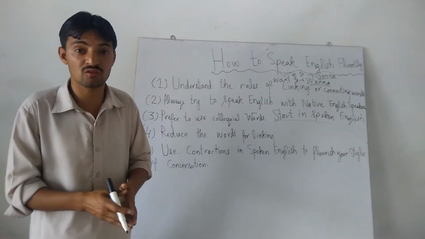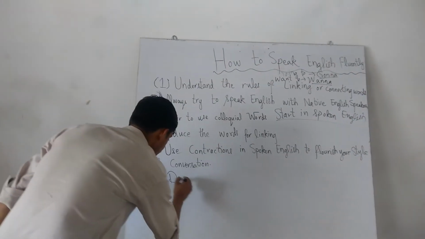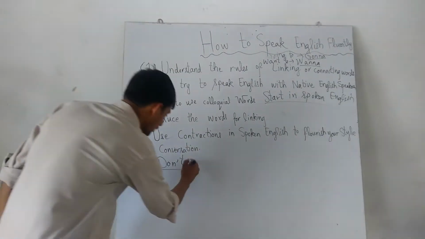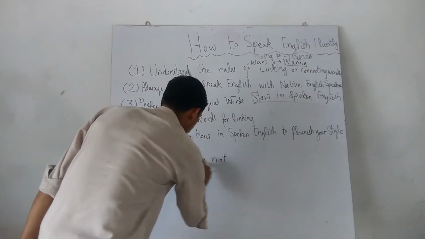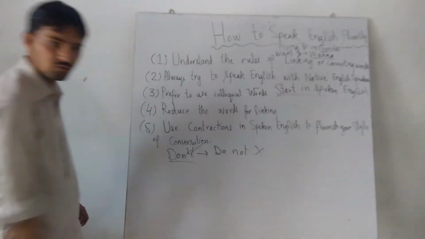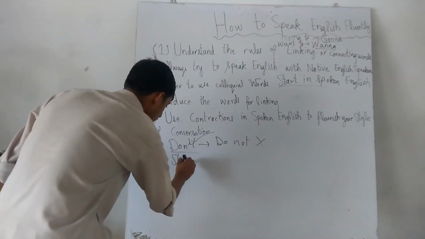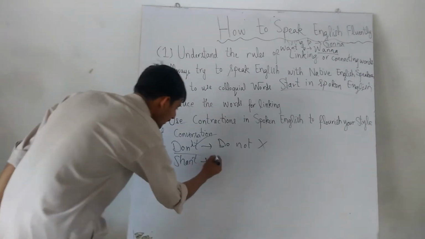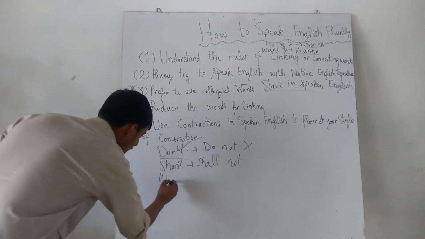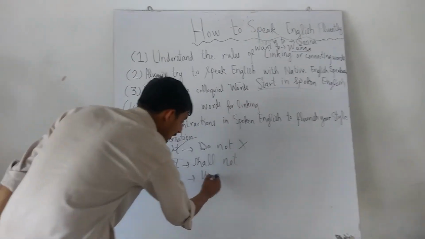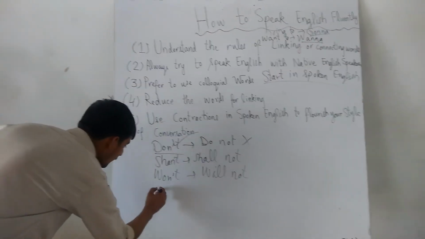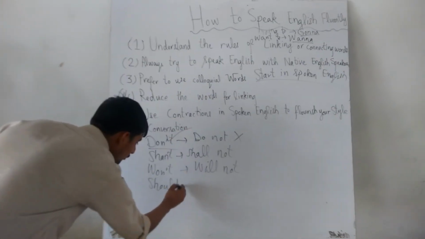You can use contractions like don't for do not. You don't have to say do not in spoken English. It should not be used. It should be used like shan't for shall not, won't for will not, and shouldn't for should not.